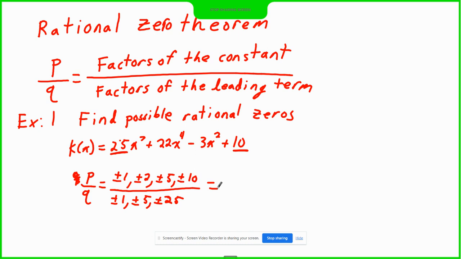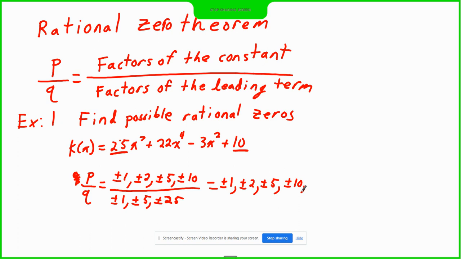So we have plus or minus 1 as an option. 2 divided by 1, 2. So plus or minus 2. 5 divided by 1, 5. Good. So that's plus or minus 5. 10 divided by 1, 10. So that's plus or minus 10.